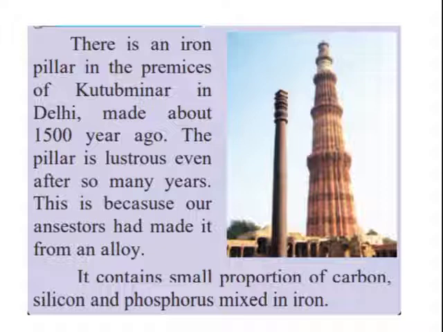The pillar is lustrous even after so many years. This is because our ancestors had made it from an alloy. It contains small proportions of carbon, silicon and phosphorus mixed in iron.